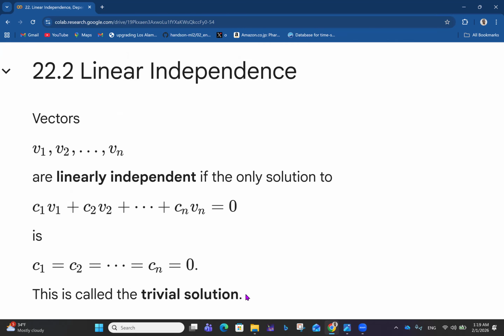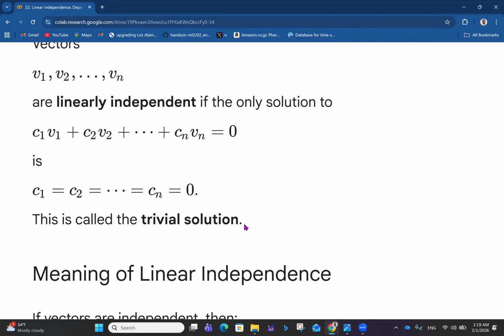This is called the trivial solution. So the only solution is when all the constants are 0. That is when you say vectors are linearly independent. It is called the trivial solution because it is bound to happen: if all the constants are 0, you easily end up with the zero vector.